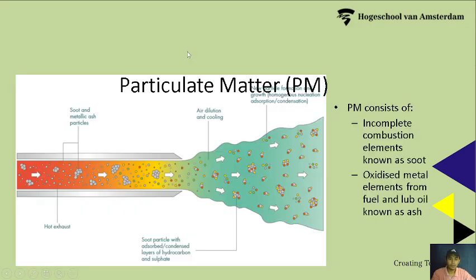First we talk about particulate matter. Particulate matter consists of incomplete combustion elements known as soot. Those black soots that come out from our chimneys are particulate matter. Oxidized metal elements from fuel and lube oil are known as ash. Ash is also particulate matter.